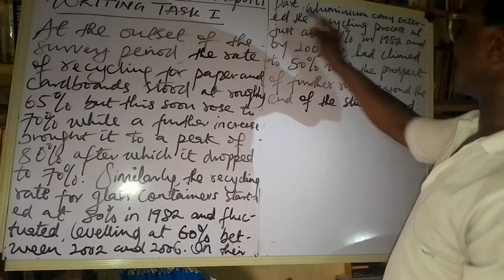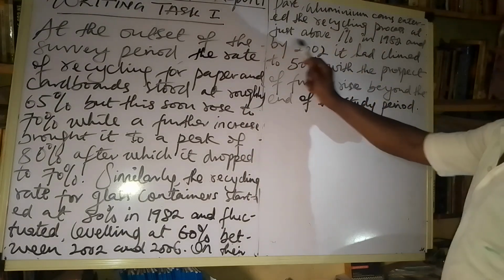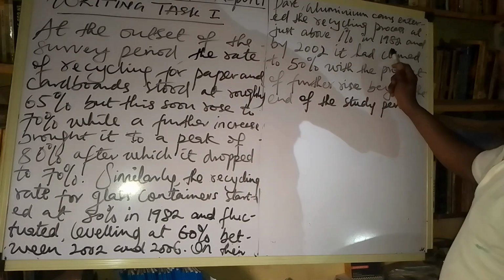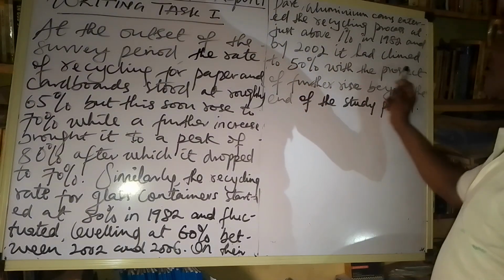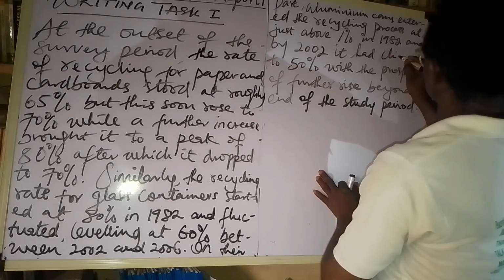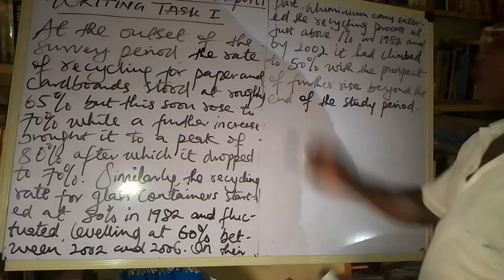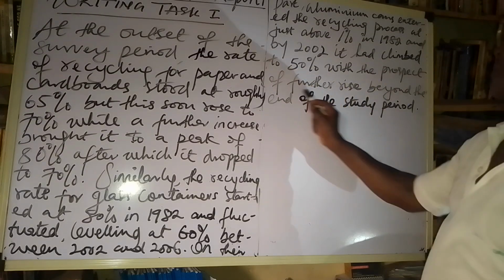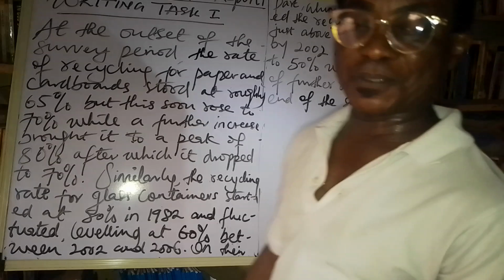On their part, aluminium cans entered the recycling process at just above 1% in 1982, and by 2002 it had climbed to 50%, with the prospect of further rise beyond the end of the study period.